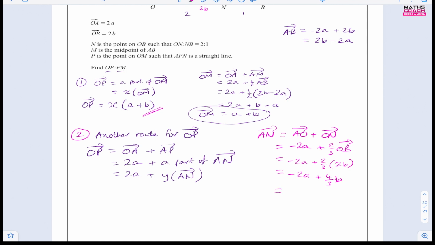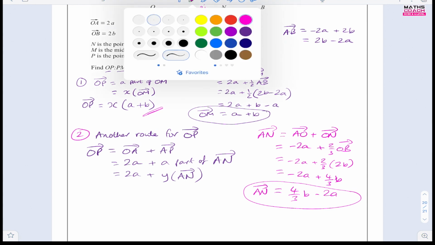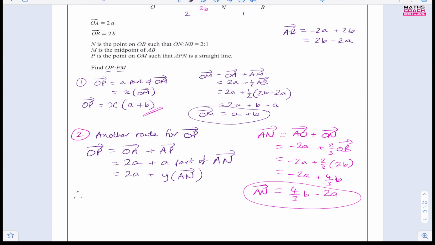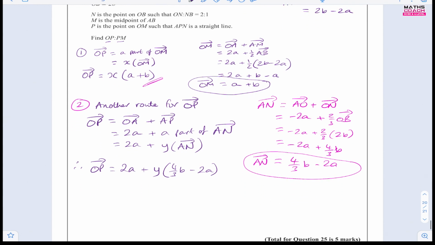And once again, we can put the positive first, so 4 over 3B minus 2A. And that is the value of A to N. And now what we'll do is just substitute it in there. So we have, therefore, O to P is equal to 2A plus a Y part of 4 over 3B minus 2A. And then we can just expand this out.